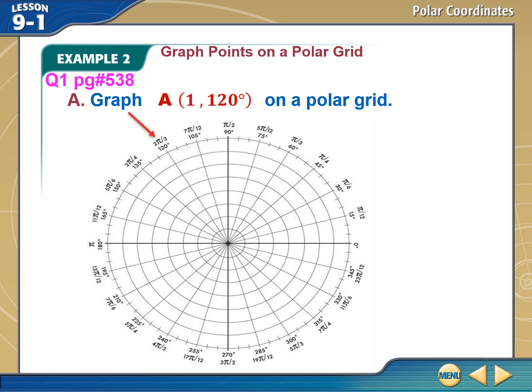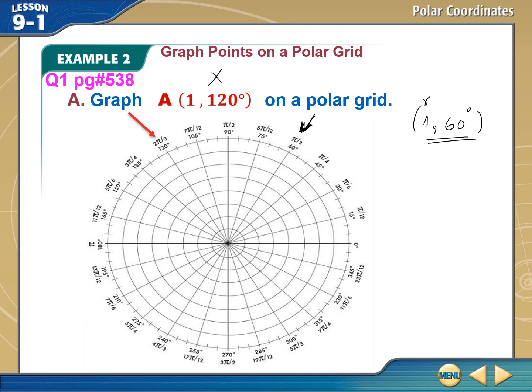So first of all, let's sketch the graph of 1 and 60 degrees. It means that r is 1 and theta is 60 degrees. First of all, try to find where 60 degrees is. You can see 60 degrees is here. And where is our r equal to 1? 1 means the first circle after the pole.